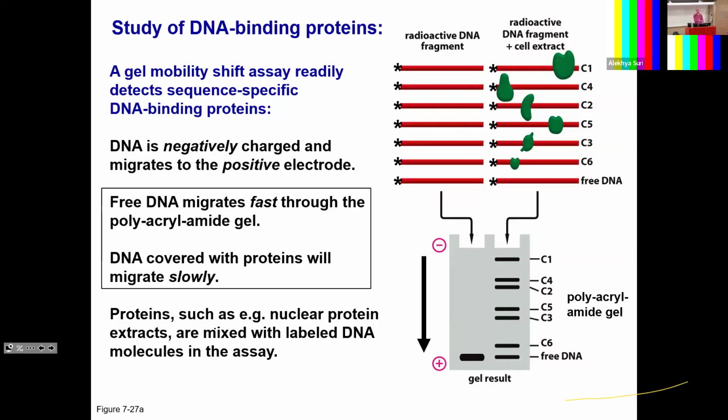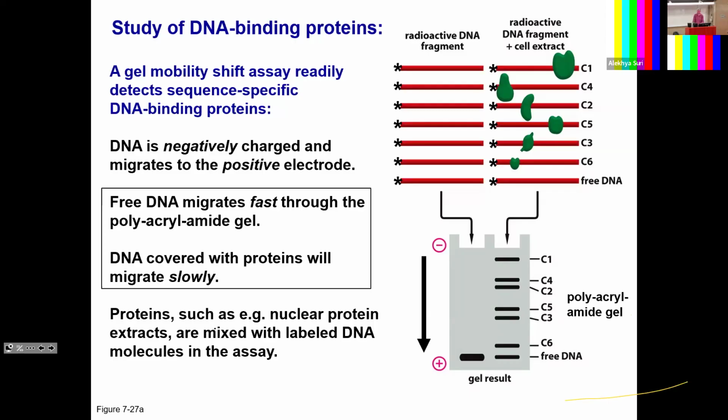Once you run the samples on the gel, you would expose it to an X-ray film. This is like when you go to the doctor and you get a chest X-ray, or you have a broken leg. It's the same principle here with radioactivity.